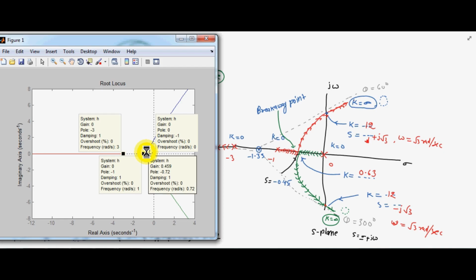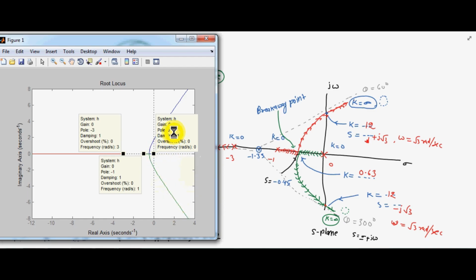This is a very small window, I cannot find it exactly. The poles are a little bit different here due to calculation, but the poles are nearly equal to this point. This is our breakaway point.